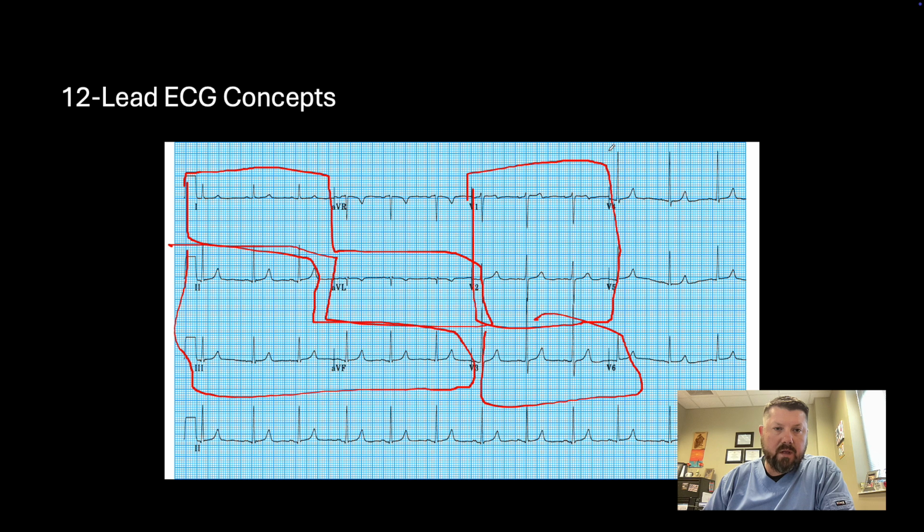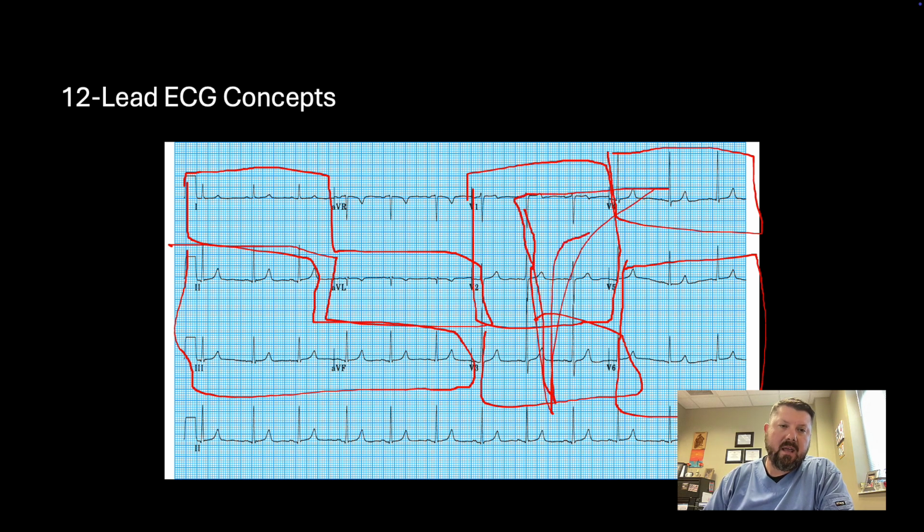V3 and V4. That's going to be your anterior, and then V5 and V6, that's your low lateral. It's important to note that V1, V2, V3, V4 very rarely have an isolated MI. Usually you've got anterior wall involvement with septal wall involvement.